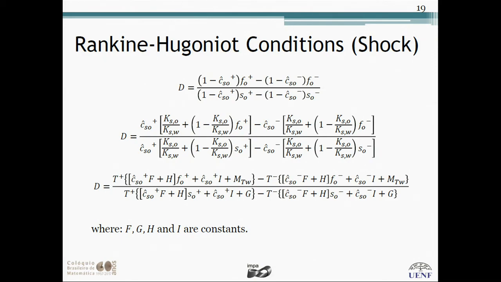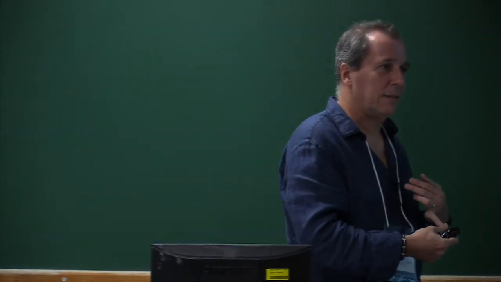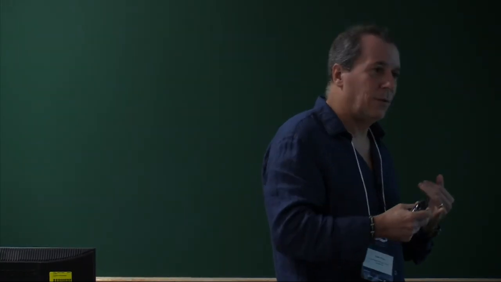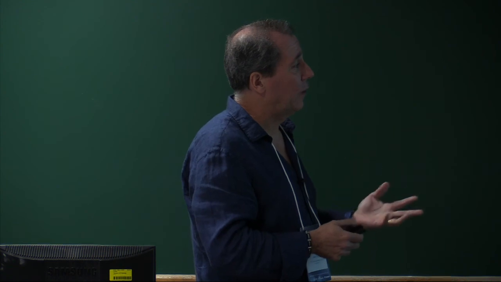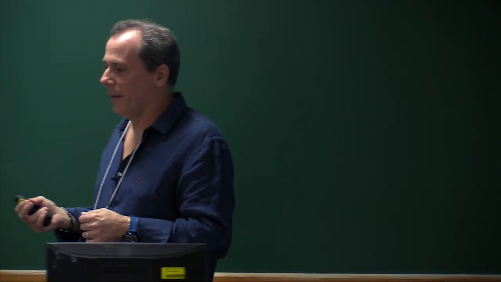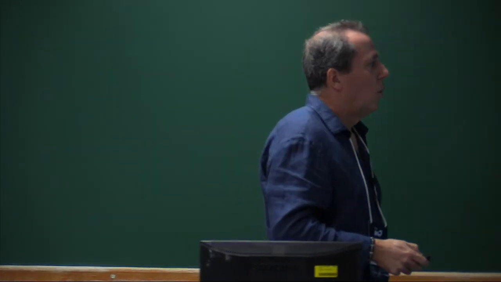After some manipulation, it's possible to show that we have 3 kinds of shock. Temperature shock, where saturation also jumps, Buckley-Leverett type shock, and also concentration shock similar to the problem of polymer and miscible flooding.